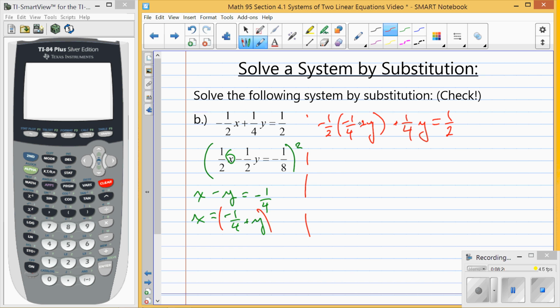A negative 1/2 times a negative 1/4 gives me a positive 1/8. So 1/8 minus 1/2 y plus 1/4 y equals 1/2.